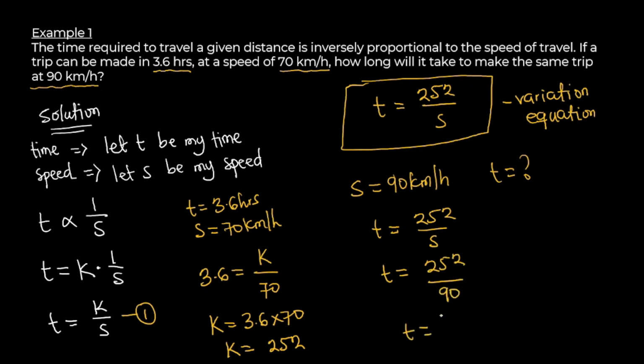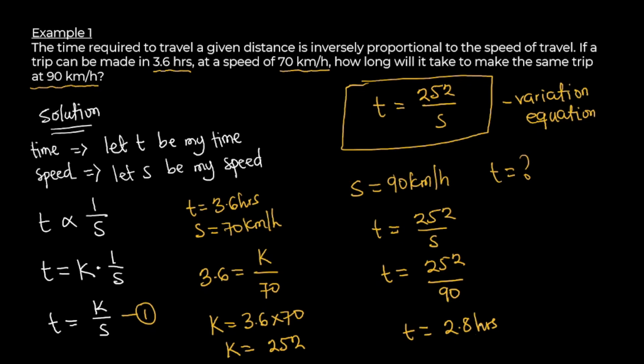If we compute this in our calculator, 252 over 90 will give us 2.8. Then we add hours to it. So it means for the same trip, if the speed of the vehicle is increased to 90 kilometers per hour, it will take a lesser time, which is 2.8 hours, to reach the same destination.